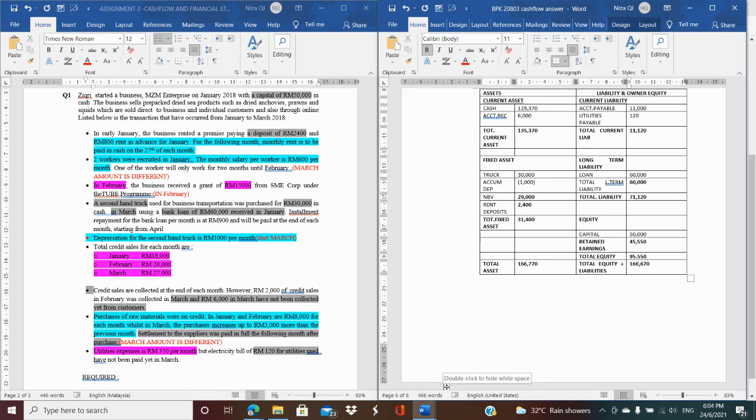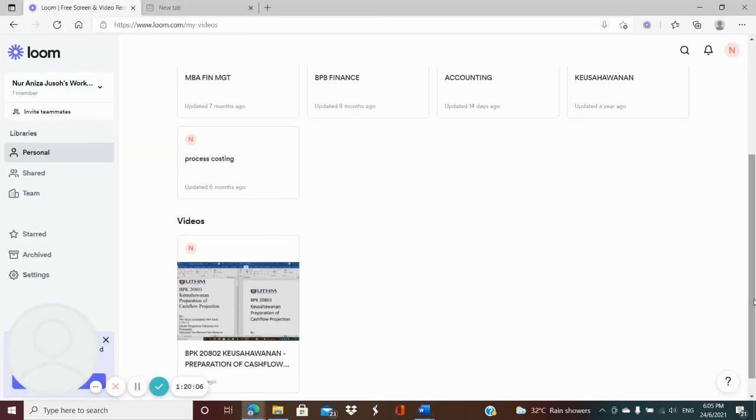That is the difference for the test question in this semester. So in calculating the amount of sales, you have to multiply the units of sales by the sales price. That is what I can tell you.